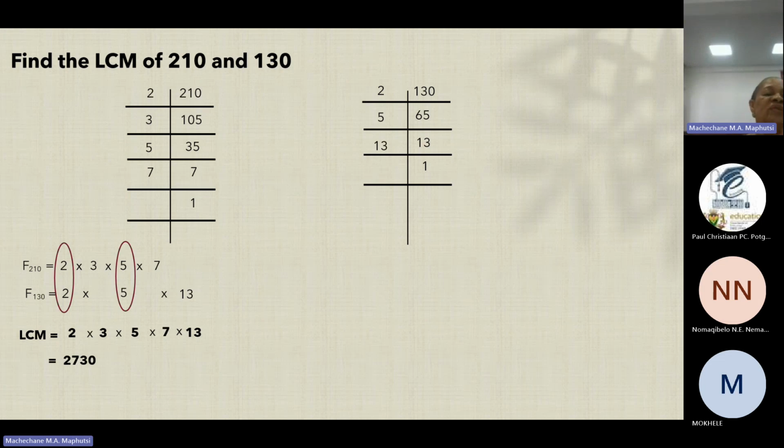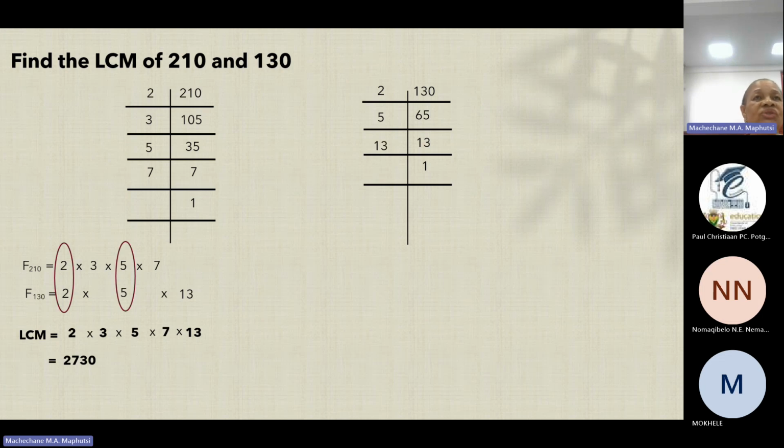So as we did with the highest common factor, those are the prime factors of 210, which will be 2 times 3 times 5 times 7. Then let's look for the prime factors of 130, which is 2 times 5 times 13.